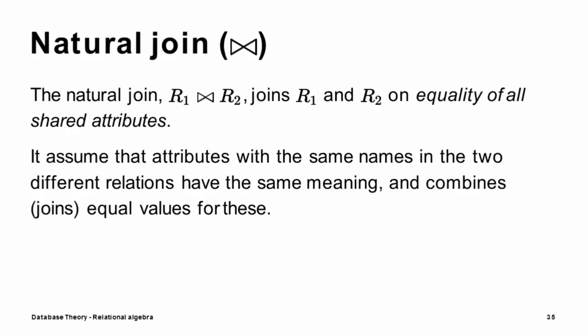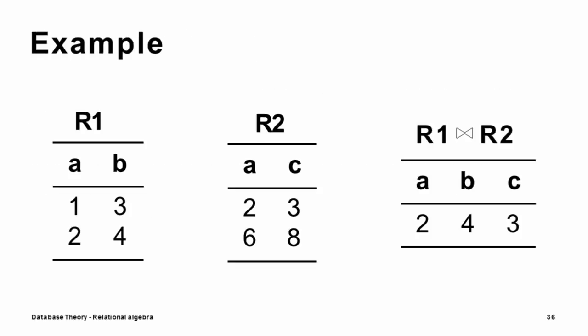The natural join is something that is used when you have equality of all your shared attributes between two of those relations. So you have to look at the attribute names here of the relation R1 and R2. If they are shared, then they are okay.